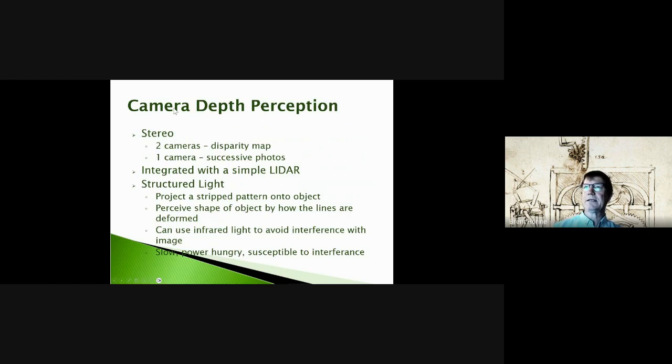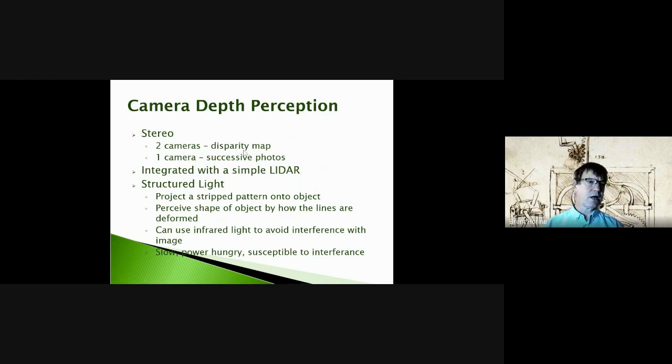We've mentioned a little bit, just covered it a little bit before, about camera depth perception, and that can be done using two cameras, where we can get a disparity map between the two, or we can do that with one camera but take successive photos and actually maybe move in the interim between those different photos, and we can then come up with that disparity where the objects that are close to us appear to move more pixels relative to each of the two images, whether it's coming from two cameras or one camera that's been moved a specific distance.